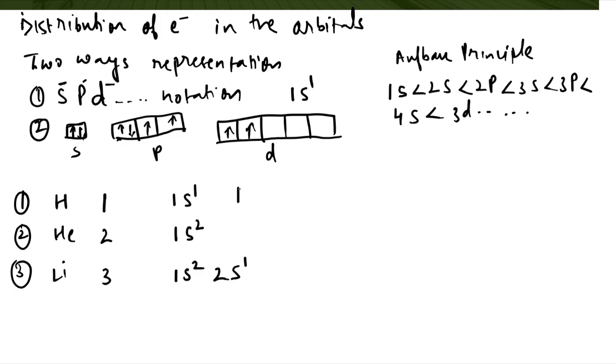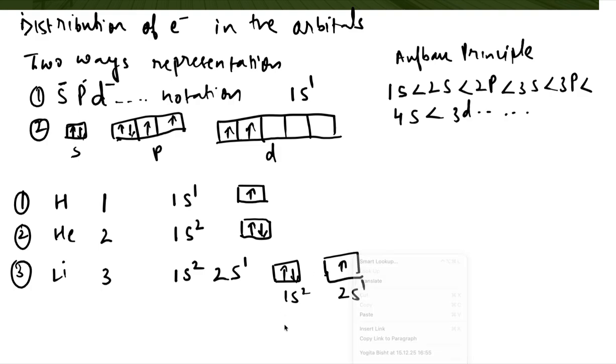And if I have to represent it in the orbital notation, I'll represent it like this: this is 1s2 and this is 2s1.